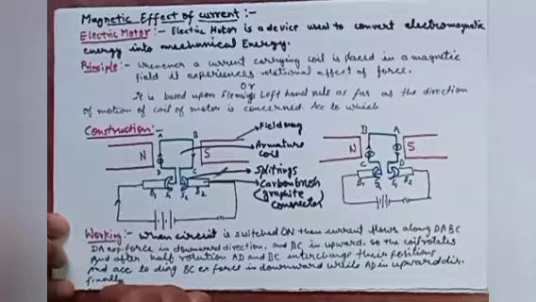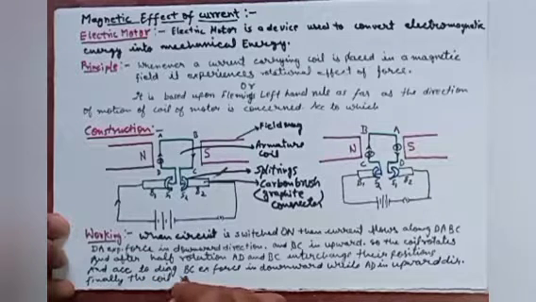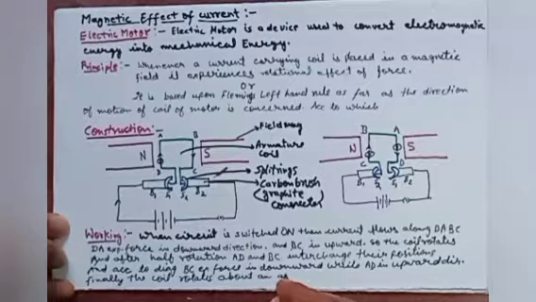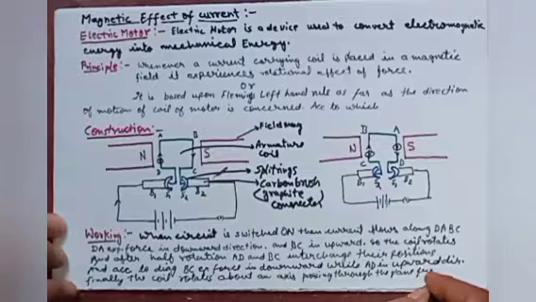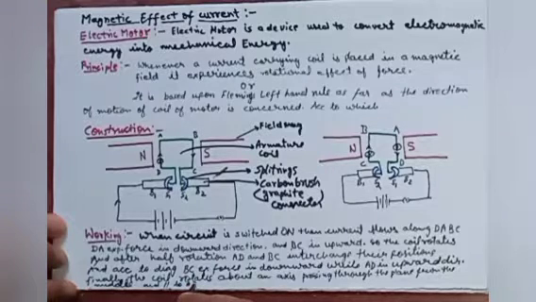Finally, the coil rotates about an axis passing through the plane from the middle and parallel to AD and BC.